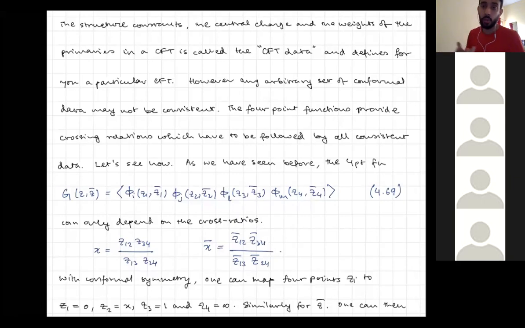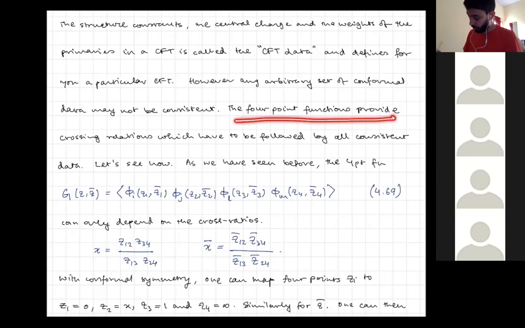So how do we actually see if a particular set of data is going to correspond to a CFT? So let's see this. 4-point functions will provide something called crossing relations, which have to be followed for all consistent CFT data.